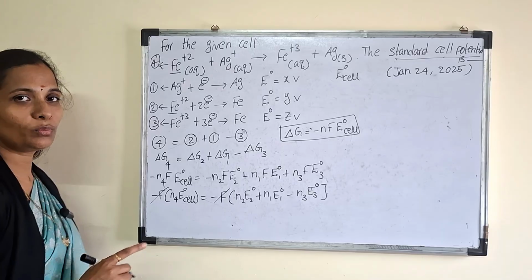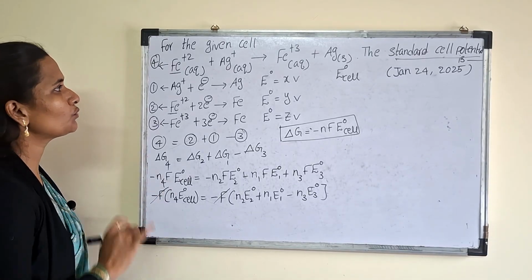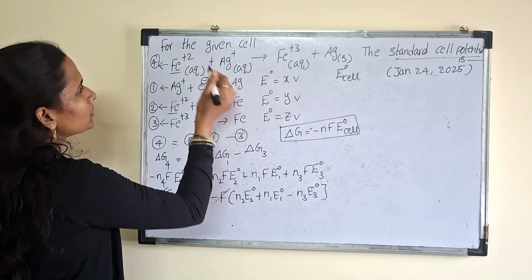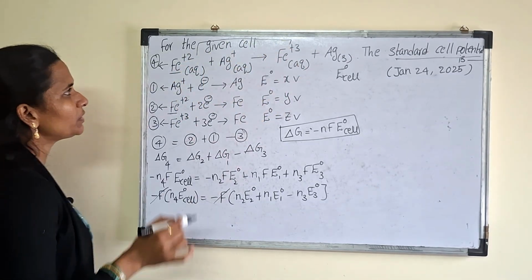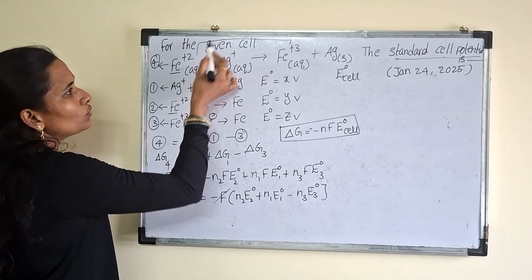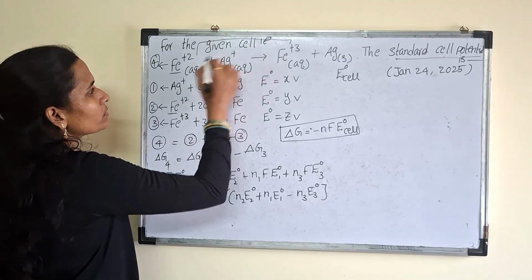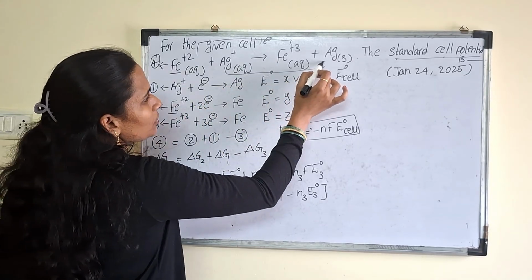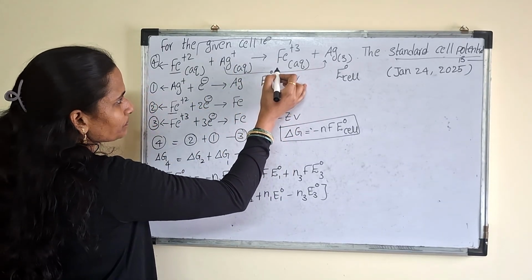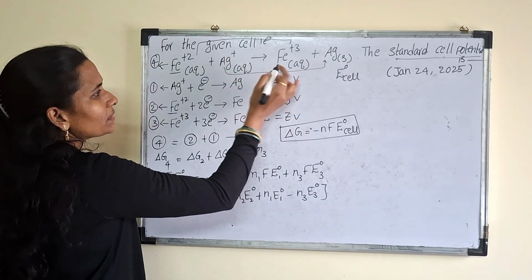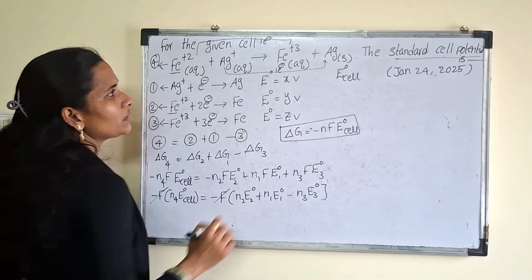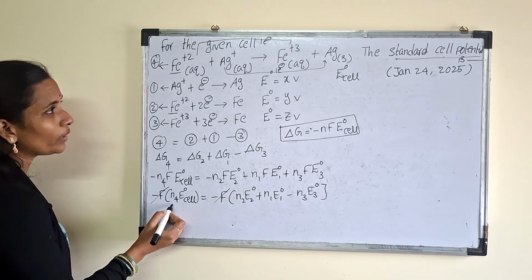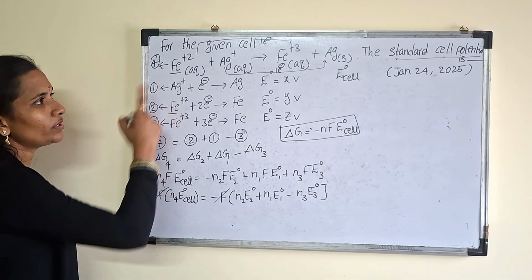Now N4 means the number of electrons involved in the fourth equation.